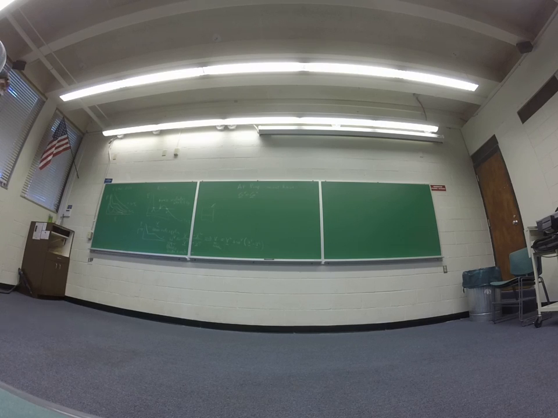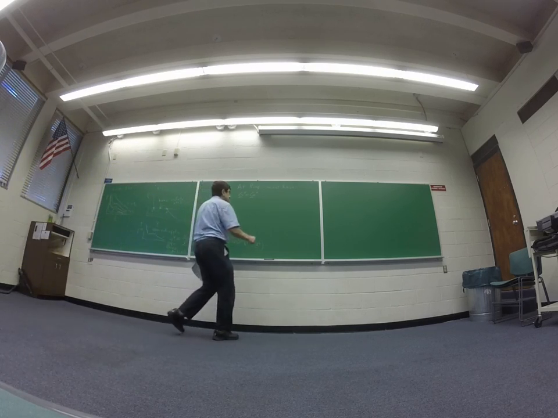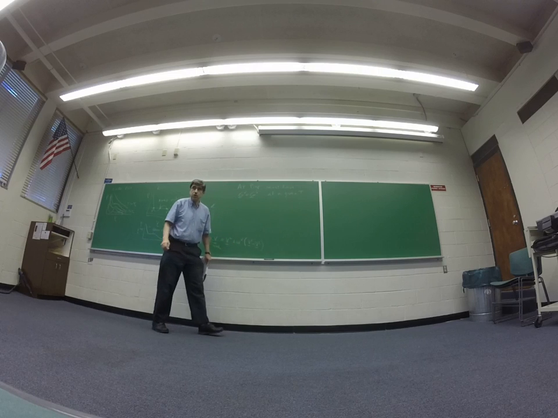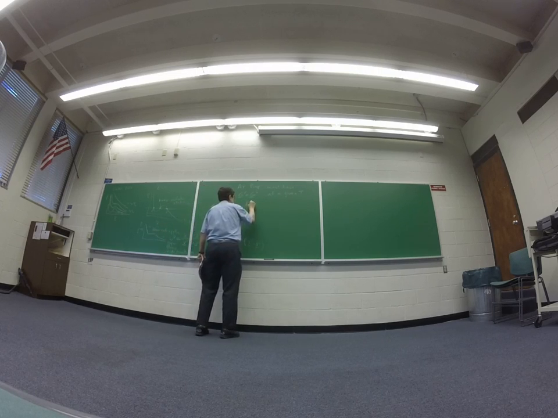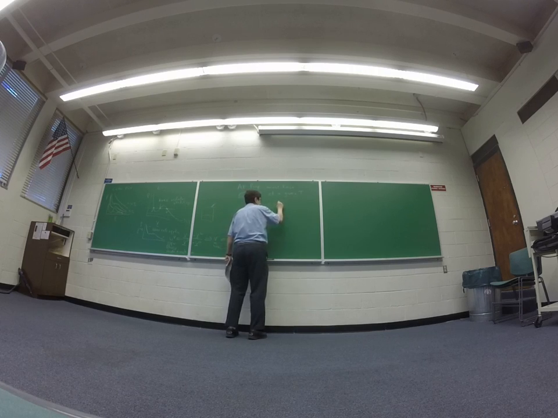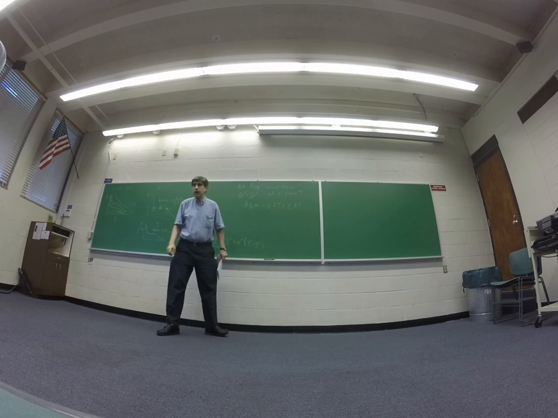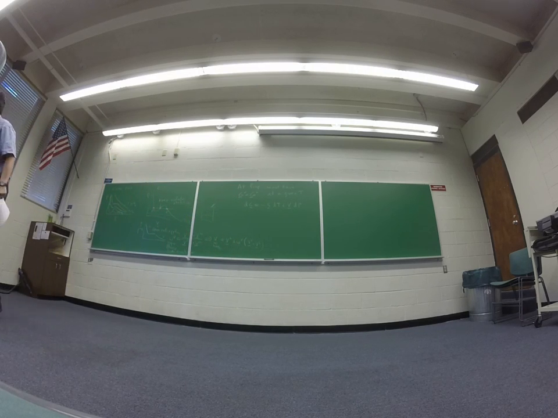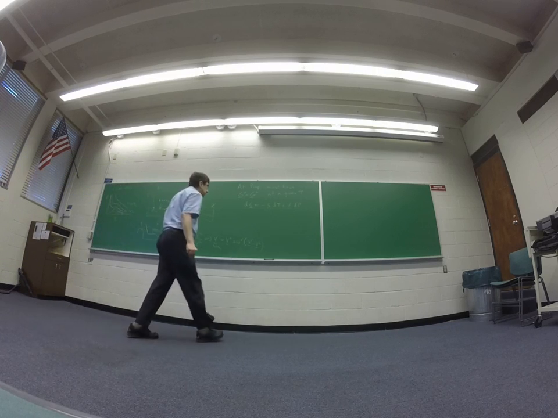So this is at a given T. And we know that dG is minus S dT plus V dP. So at a given temperature, with temperature fixed, it becomes V dP.